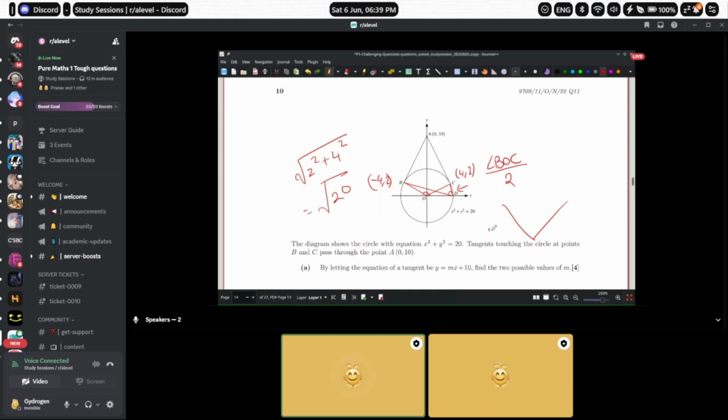So this is square root of 20. And because they have the same coordinates, this is also the square root of 20. And we know this length is 8 because 4 minus minus 4 is 8. Then here you can do cosine rule to find this angle. It ends up being cleaner than finding BD and CD and all that. Yeah, that makes more sense.